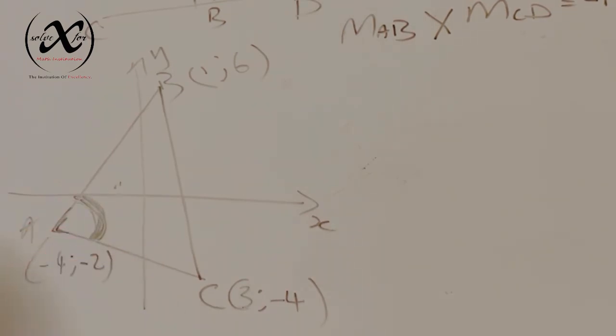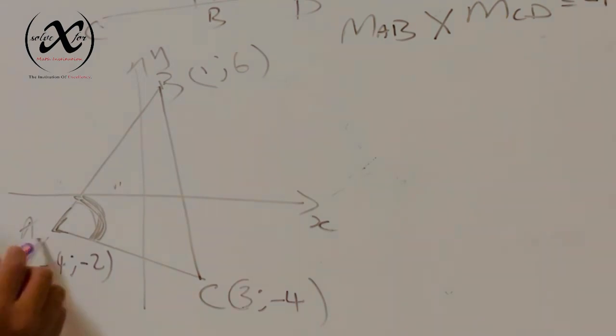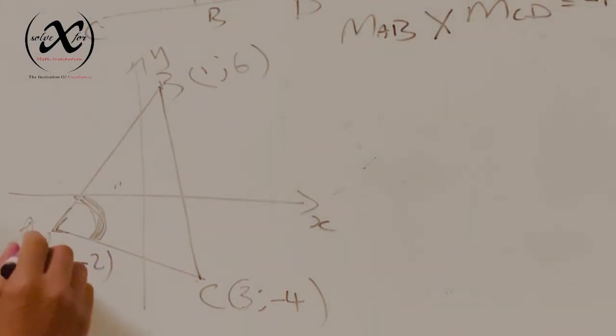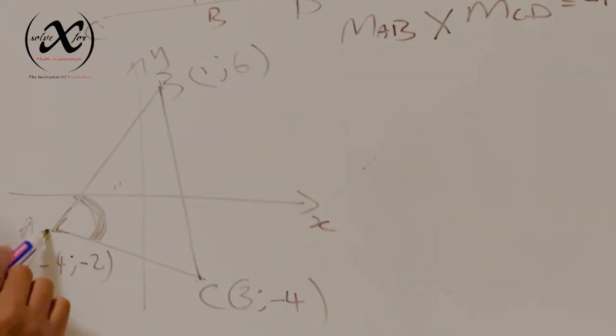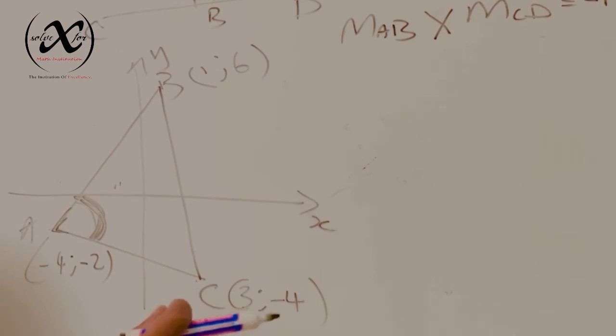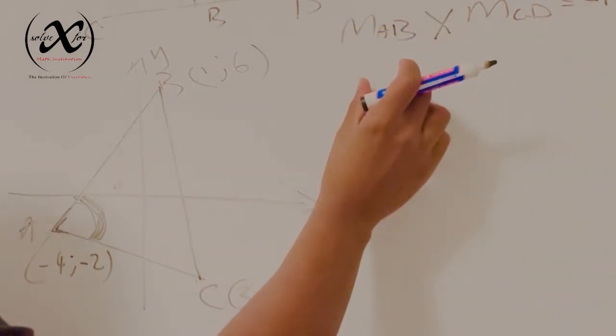They say prove whether angle A is 90 degrees or not. What you have to do is calculate the gradient of AB and the gradient of AC, and then multiply them. Calculate the gradient of AB, write the answer. Calculate the gradient of AC, write the answer. Then multiply them.